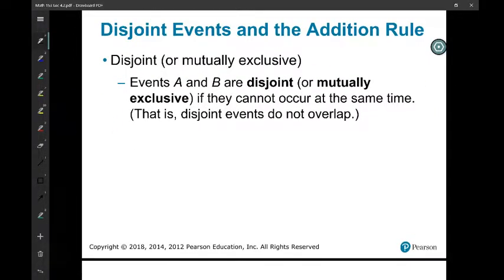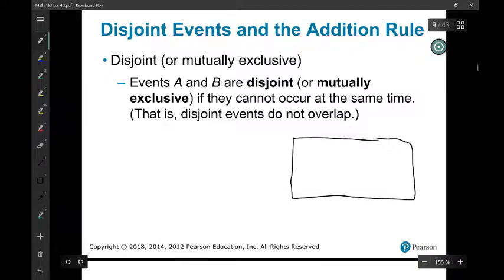Disjoint events and the addition rule. So disjoint or mutually exclusive is when events A and B cannot occur at the same time. So in a Venn diagram depiction, mutually exclusive events have no overlap.